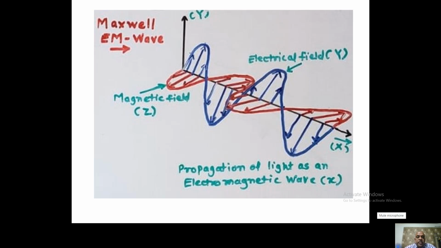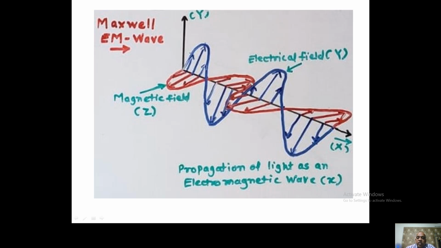Now Maxwell studied the wave nature of light. That means light is made up of electromagnetic waves. What exactly are electromagnetic waves? Now see here, if the light travels along the x-axis, that means the light is propagated along the x-axis, then these are the electrical field and the magnetic field.